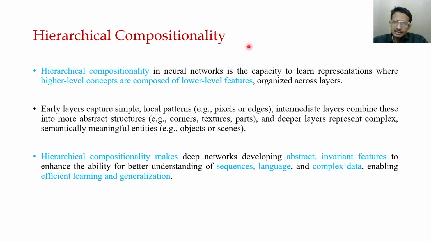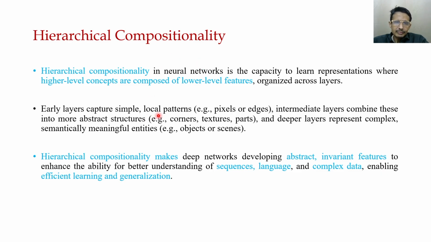And this is designed in a hierarchical way. So there is a hierarchical composition built up. So you can say that these higher layer concepts or features are basically composed of the lower layers and organized across layers. So this is the idea of hierarchical composition.